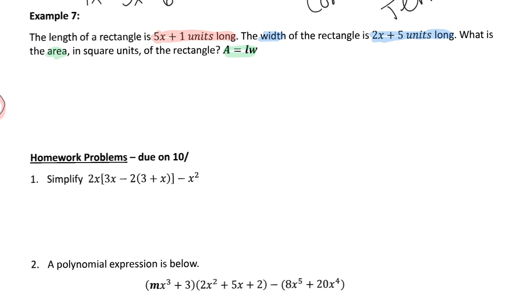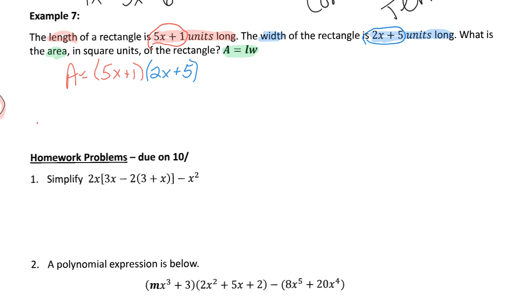And in case you forget what the area formula is, it's length times width. So what that means is we're going to plug it into the formula. So area equals our length, which is our 5x plus 1. So I'm going to put that in parentheses, 5x plus 1, times our width of 2x plus 5.